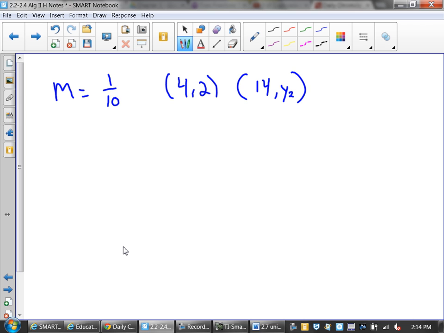So remember, when you're trying to find the missing coordinate in a problem like this, you're given your slope, a set of ordered pairs, and one of the other coordinates. The easiest way to get this going is to write the formula out so you know what to substitute in.